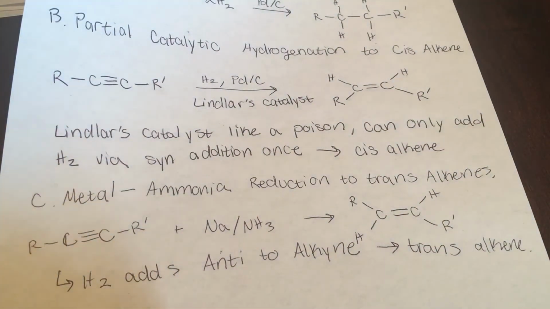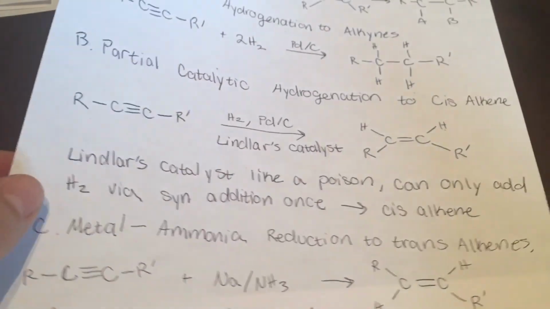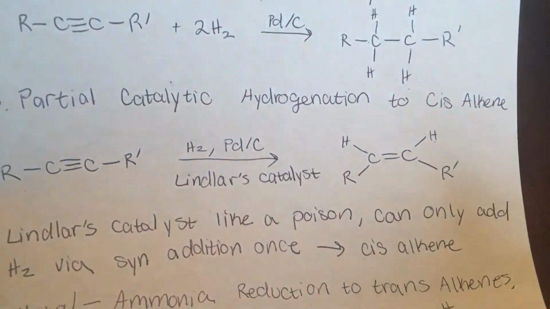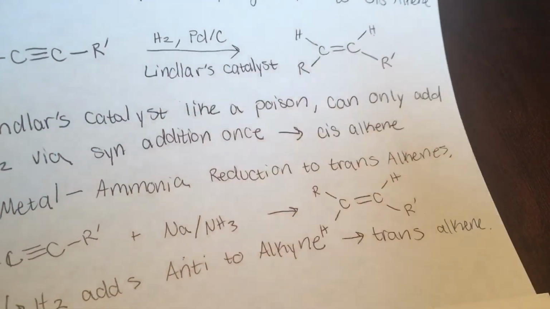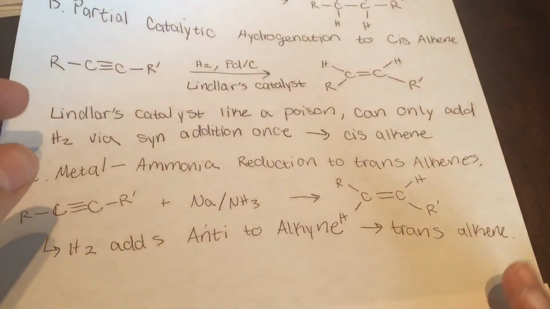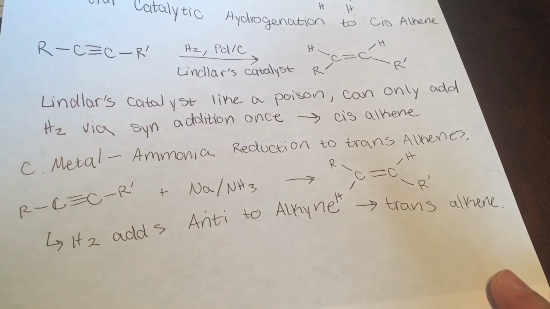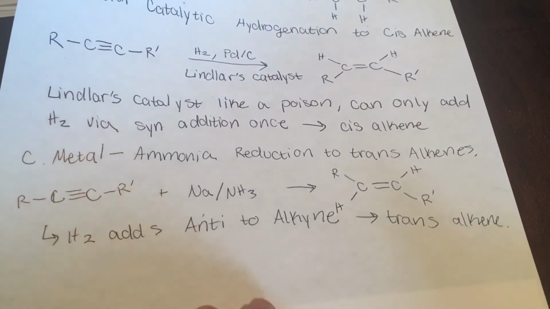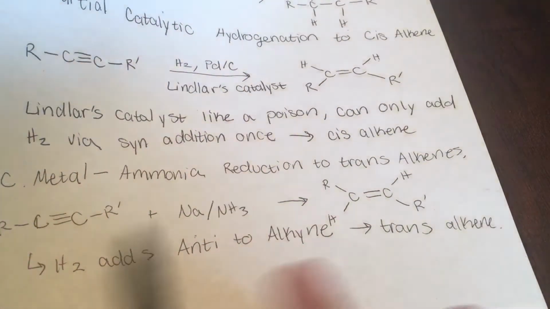Okay. And so all these reactions, these three reactions here, are not reactions that you guys have to know the mechanisms of, because they're either only partially understood or a little too complicated for our current knowledge. So don't worry about the mechanisms, but we should remember what these reagents make.